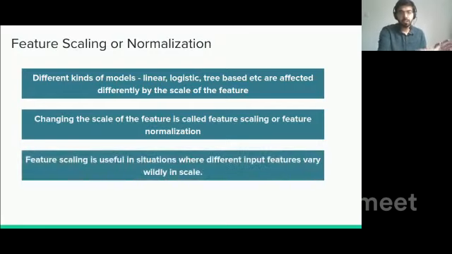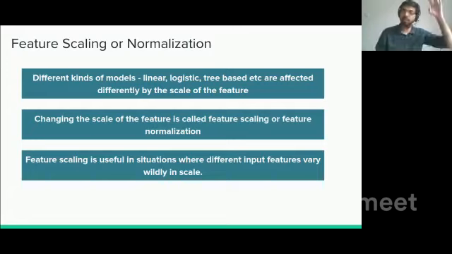Feature scaling is useful in situations where different input features vary wildly in scale. So, back to the point I was trying to make: different kinds of models, linear, logistic, tree-based, etc., are affected differently by the scale of the feature, and some of these models are even scale invariant. For example, tree-based models do not depend on scale because of the way they form their decision boundaries.